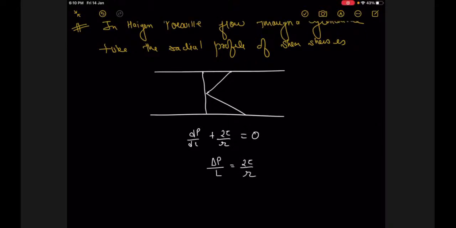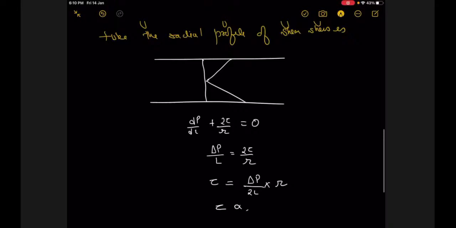Okay. So tau is directly proportional to delta P by 2L into R. So tau is directly proportional to R. Okay, like this.